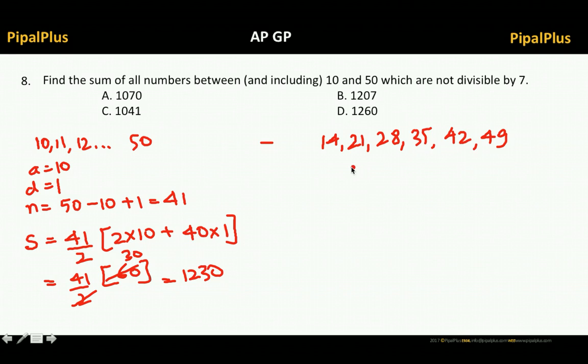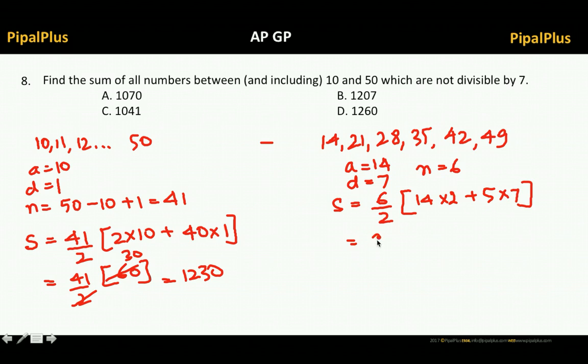This is again an arithmetic progression whose first term is 14, common difference is 7, and the number of terms is 6, so the sum is going to be 6 by 2 times (14 times 2, 2a plus (n minus 1)5d). So this is 3 times 28 plus 35. This is 3 times 63 or 189, right? So all you need to do is subtract 189 from 1230 to get the answer 1041.